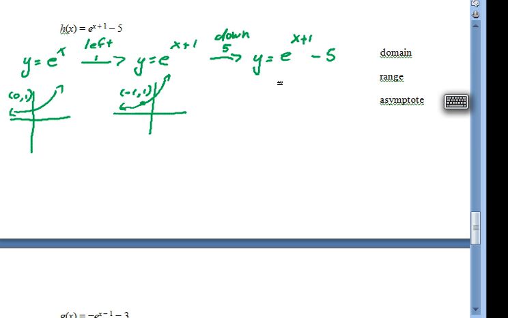And then when we move down 5, it will be at (-1, -4).